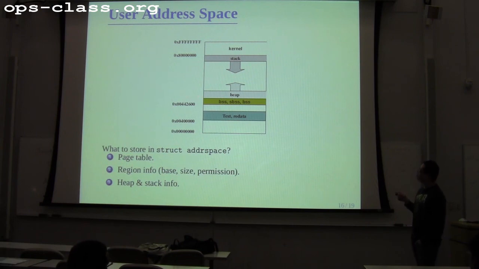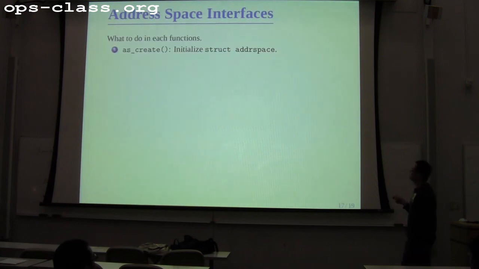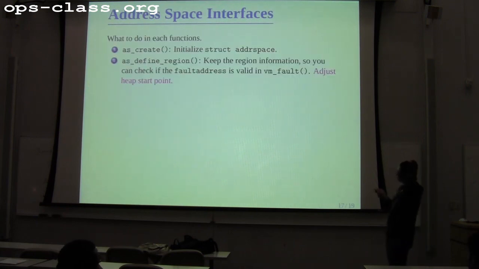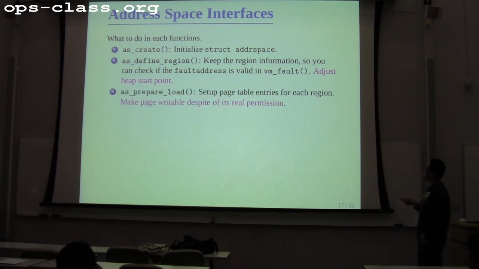So first you load this region, you can set the heap start to this point. Then you load the second region, you can adjust the heap start point to this. If you no longer load any regions, then this will be the final heap start point. Heap can grow upwards from this point. So AS-define-region is a place where you can adjust your heap start point.